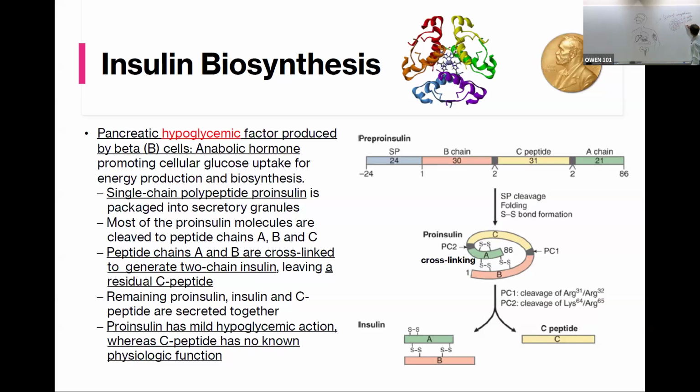And then you have D cells, E cells, and F cells. So what does the A cell, the alpha cell, make? Glucagon.